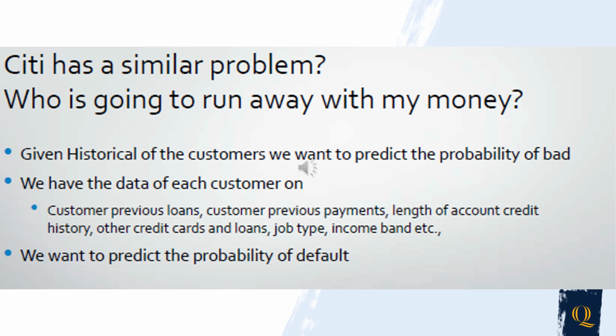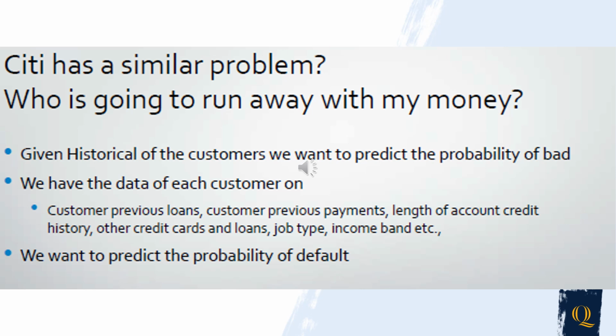Okay. In this slide, let's do a scenario. Imagine you are a bank like Citi, facing a similar problem. You need to figure out which of your customers might default on a credit card payment or loan, essentially run away with your money. To solve this, you need to predict the probability of a customer becoming a bad debt risk.